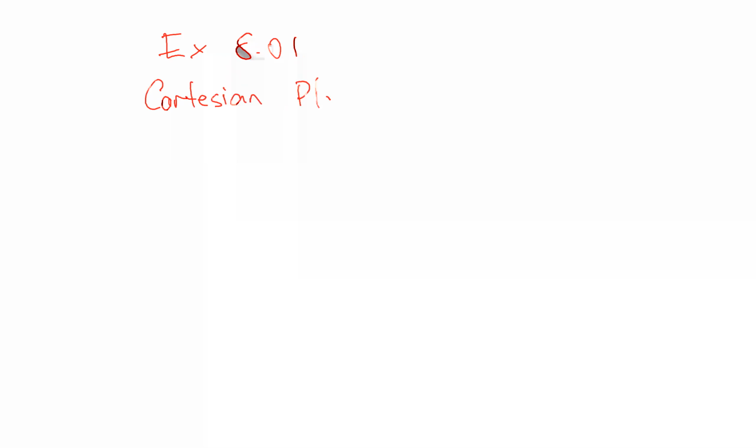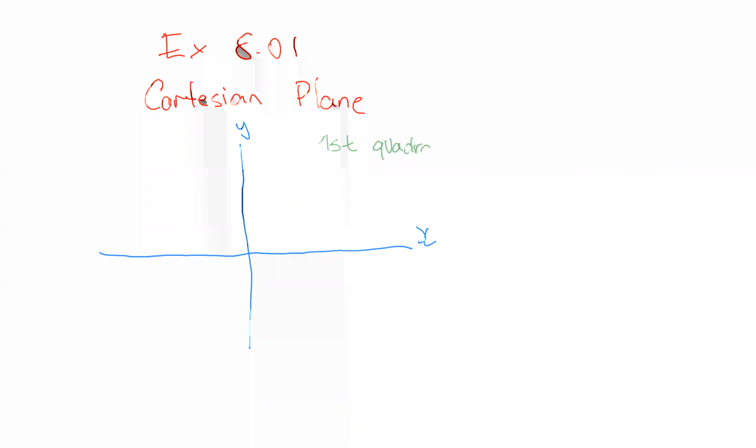Cartesian plane, we call it. So when we have a grid like this, we have the y value, which is the vertical line, and then we've got the x values that go there. We call this the first quadrant. It's important that you know these.